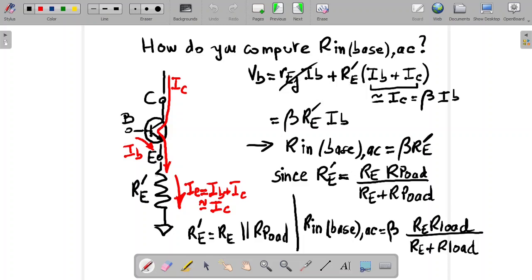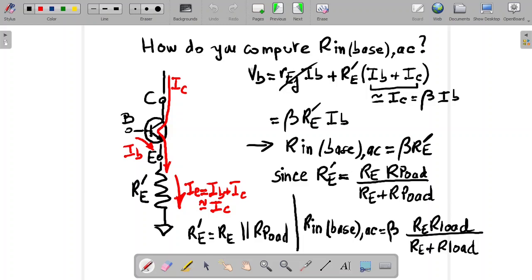So then you have VE, which is Re prime times IB plus IC, and as we said before, IB plus IC is almost equal to IC, and IC is equal to beta IB, beta being the gain of the transistor.